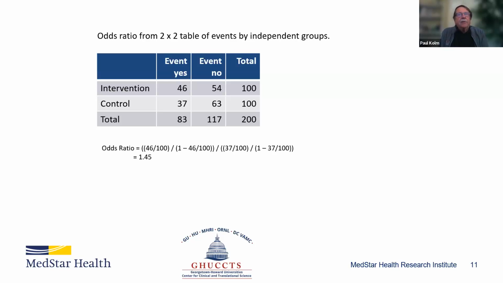And obviously I made the numbers, so this would be easy to compute, but it's the intervention, the proportion of the events divided by 1 minus the proportion of events, and then that's divided by the same quantity with a control group.